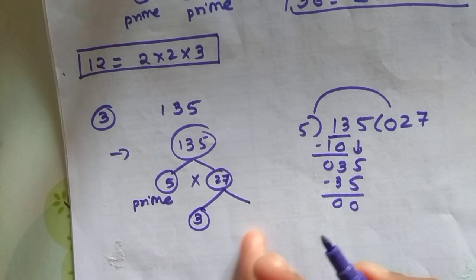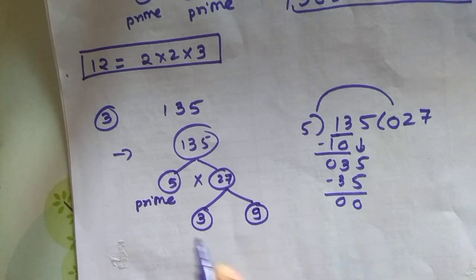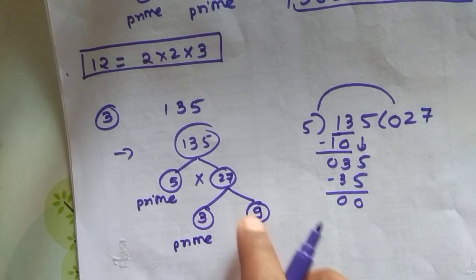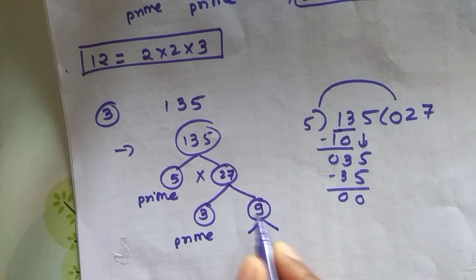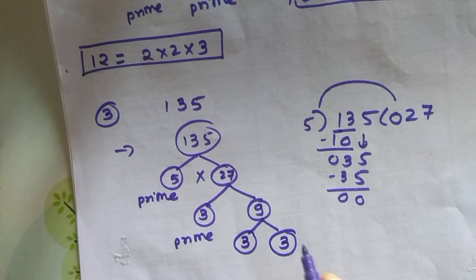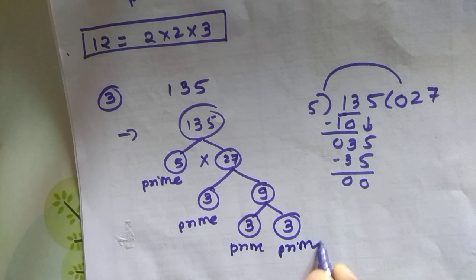We can take 9 also: 3 nines are 27. If you take 9 here, no problem, you can take 3 here and spread 9 here. Now 9 we will spread. 9 ones are 9, but you should not take 1 because we will get 9 again. So 3 threes are 9. Try to take prime numbers. Both are prime, so you have to stop.